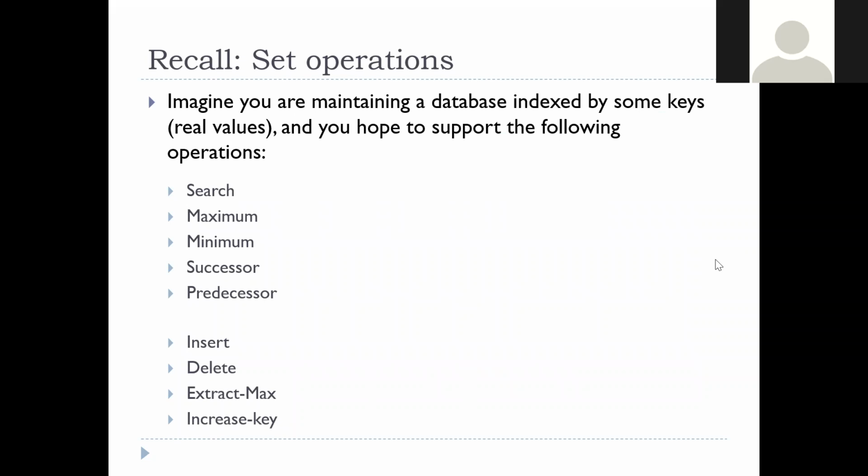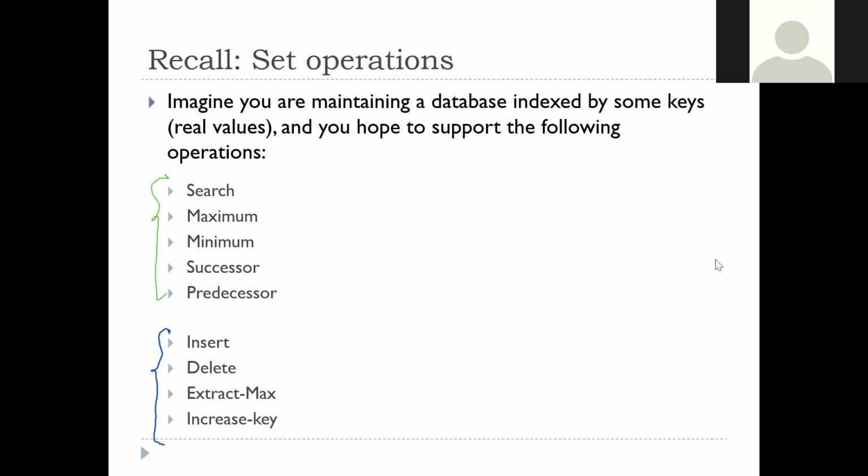These are the so-called static operations. And imagine that you also want to insert new elements into the database, or delete an existing one, or extract the one with the maximum key, and so on. These are the so-called dynamic operations.